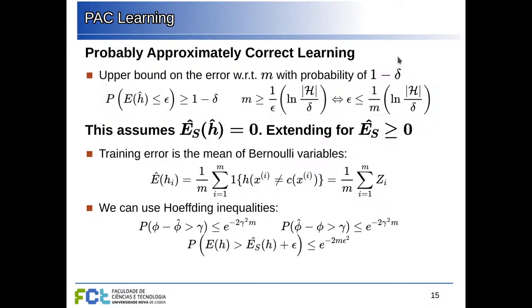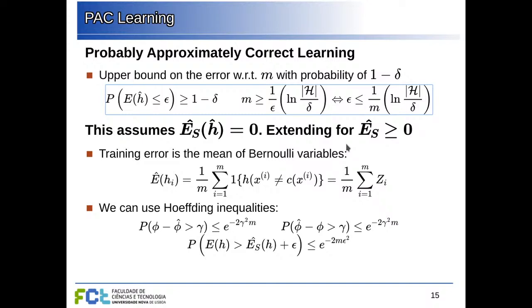So basically, we can see that if we want the true error to be bounded at some limit with some probability, 1 minus delta, then we need to increase m to be able to do that, because as we decrease the error, m must increase. Or looking the other way, if we increase m, then we decrease the error.